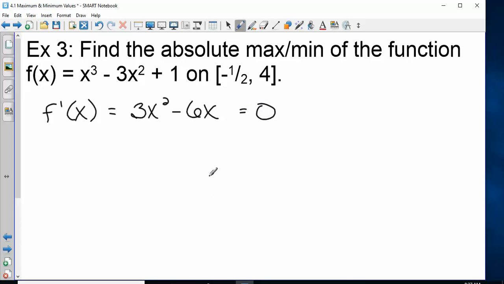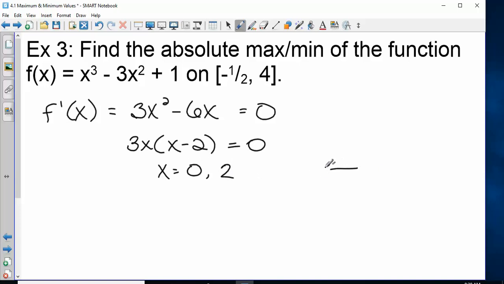Set that equal to 0. What could you pull out of there? This is 3x times x minus 2. So x could be 0 or 2, so these are the critical numbers. Is there anywhere this derivative is undefined? No, x is never in the denominator, so this one is defined everywhere.